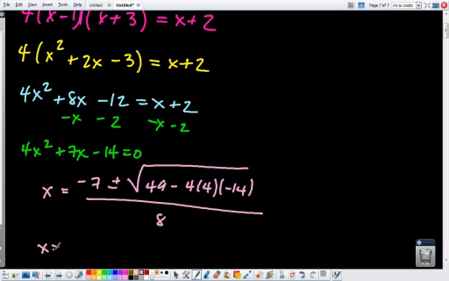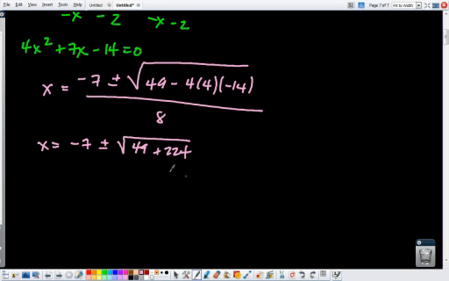So I end up with -7 plus or minus the square root of 49 plus 16 times 14. So let's see. That is 224, divided by 8.